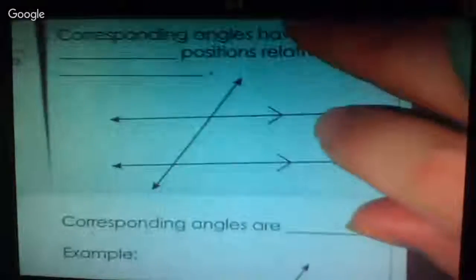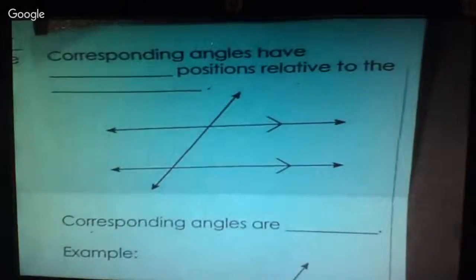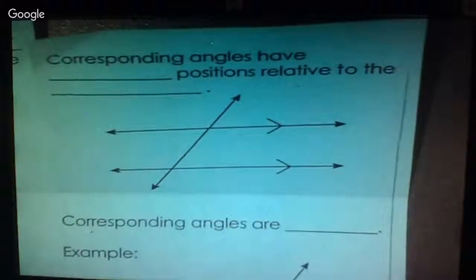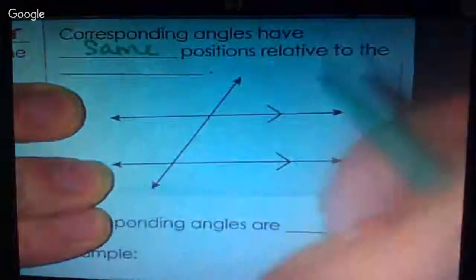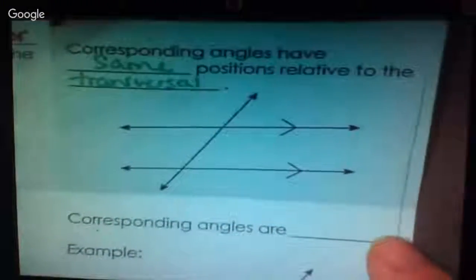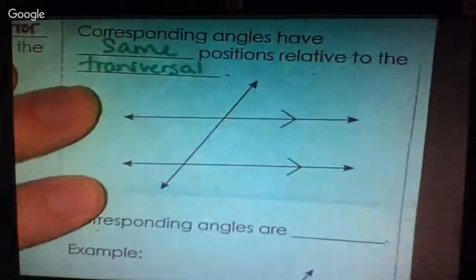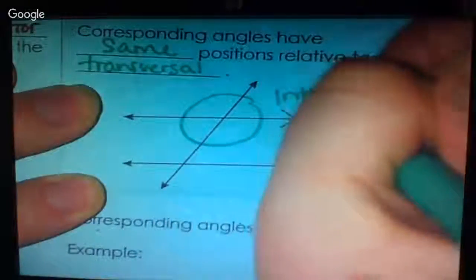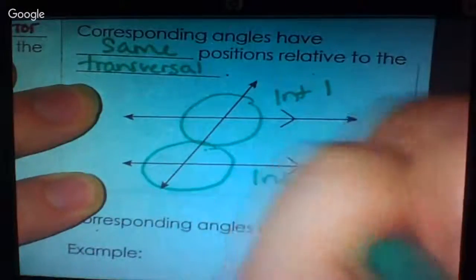Okay. Corresponding angles have the same position relative to the transversal. The same position relative to the transversal. So remember, this is where we talked intersections. So this is intersection 1. This is intersection 2.